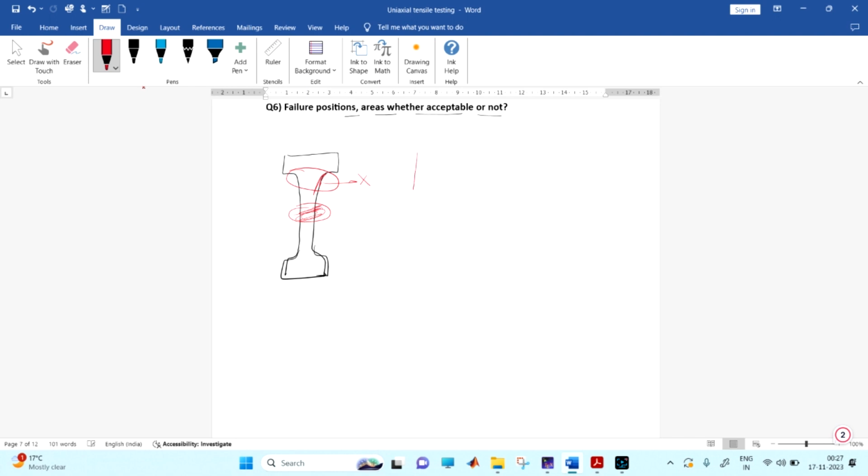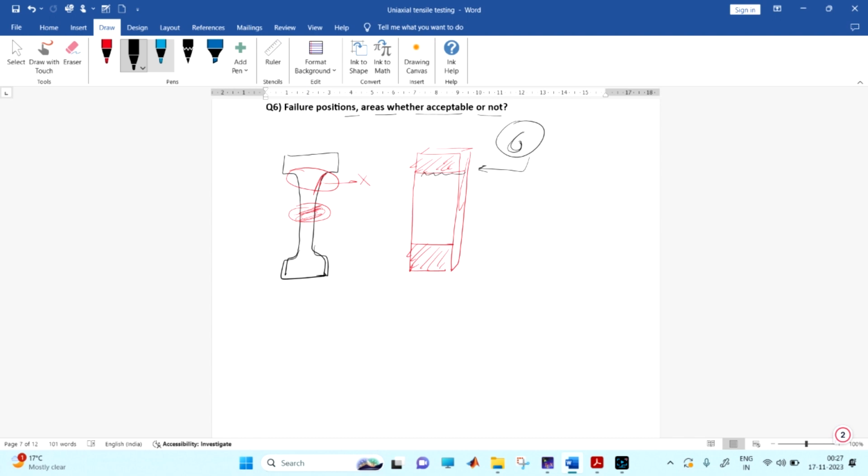When we have composite material, we know that these here are the tabs. So the material must not fail near the tabs. If we make 6 samples and all 6 fail near the tabs, it means it's the material behavior.